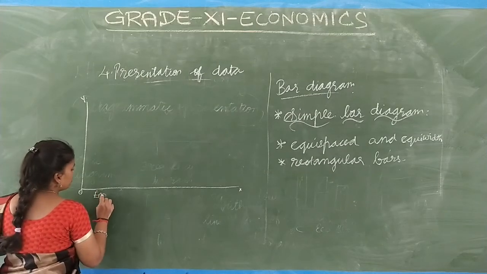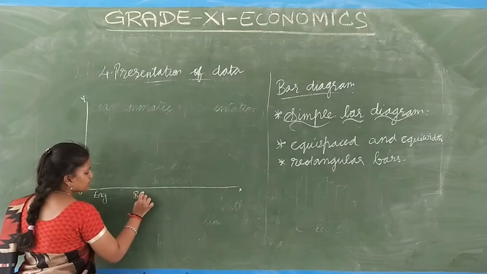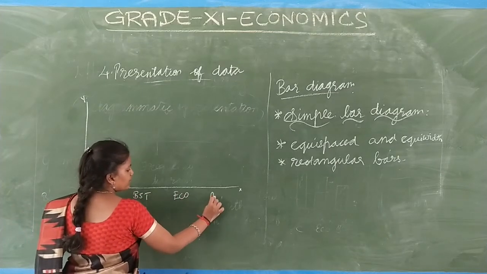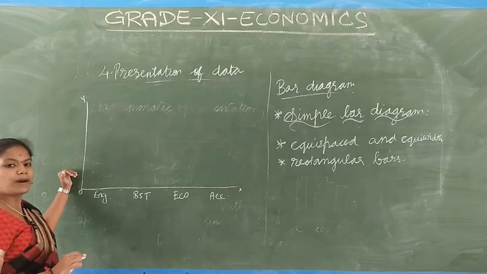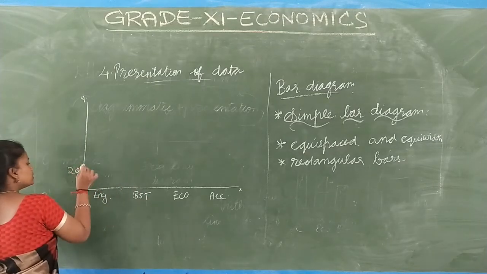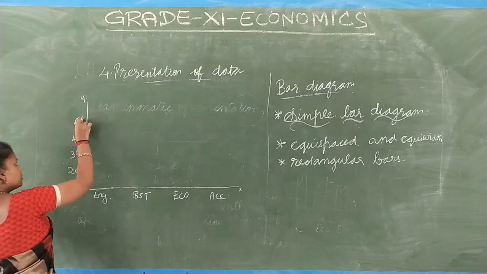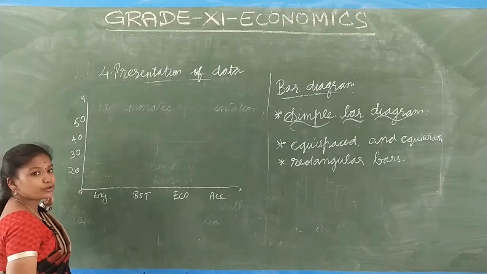English, then business studies, economics, accountancy. Here, I'm going to mention the marks out of 50, let's say. 20, 30, 40, 50. That is how many students have taken up to this mark.